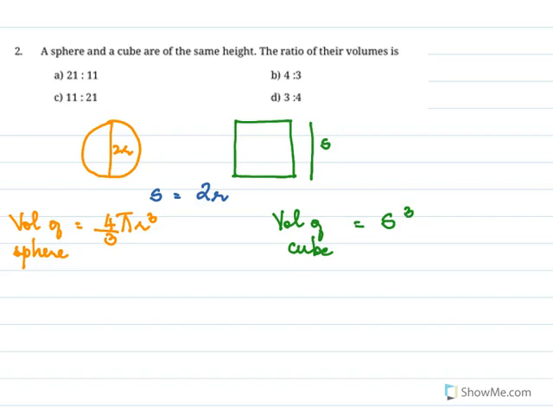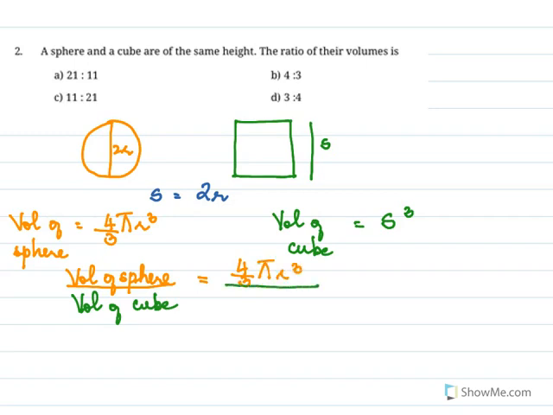We need to find the ratio of volume of sphere to the volume of cube. So the volume of sphere is 4 by 3 pi r cube over the volume of cube, which is s cube.